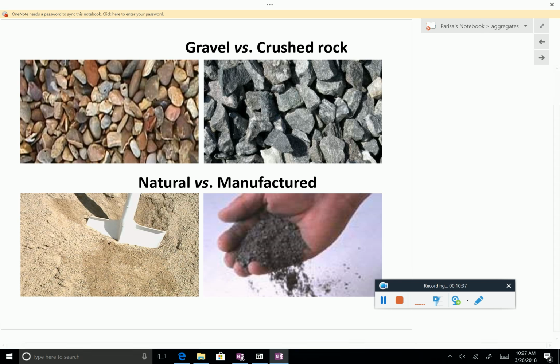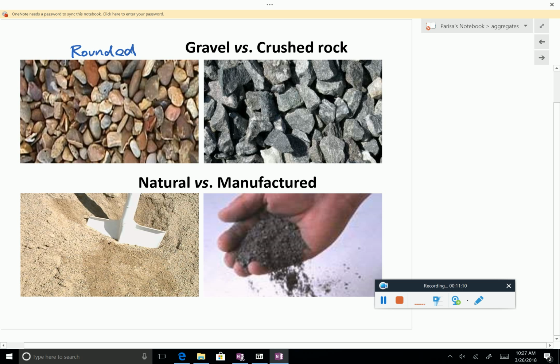If you look at the pictures on the top, what do you see? On one side, you are looking at gravels from the river bed, for example. On the other side, you are looking at crushed stone. Tell me two main differences that you see between these two pictures. One I just told you. The gravel is rounded, right?